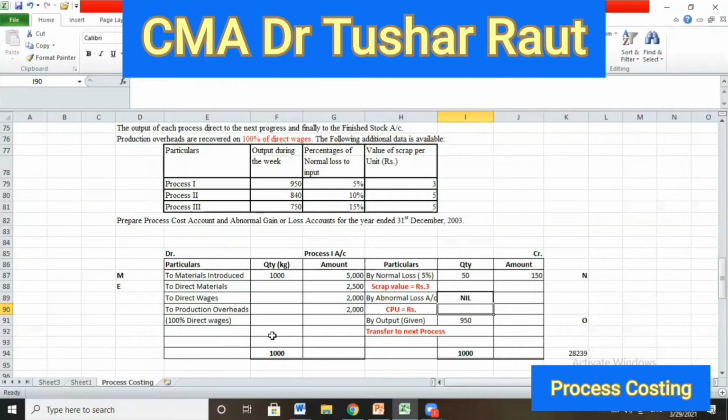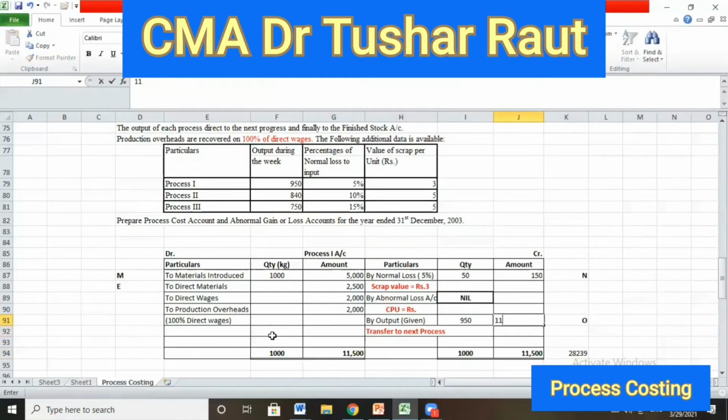Now it is very easy to calculate CPU in the absence of abnormal loss or abnormal gain, because we need to calculate the total cost. This total cost is 5000 plus 2500, which is 7500, plus 2000 is 9500, and plus 2000 is 11500. So this is your total debit, 11500, and from this amount we deduct 150.